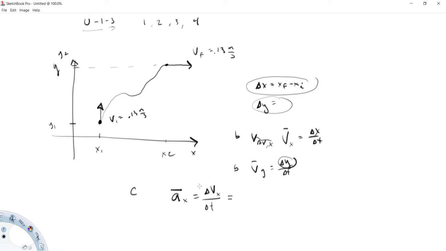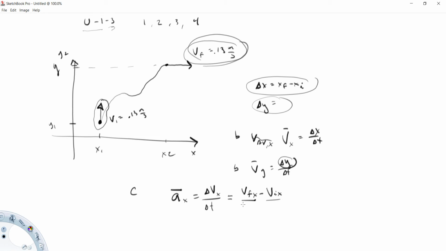Your change in velocity in the x direction is going to be your final velocity x direction minus your initial velocity x direction, and whatever this is, that's your final velocity x direction. And you'll notice here's our initial velocity, but it doesn't have an x component. So this you're going to get from here.